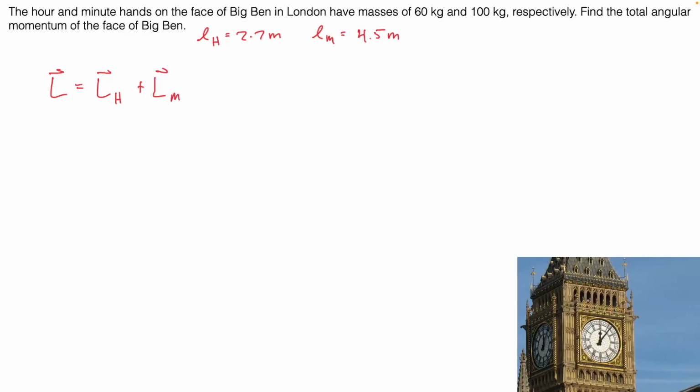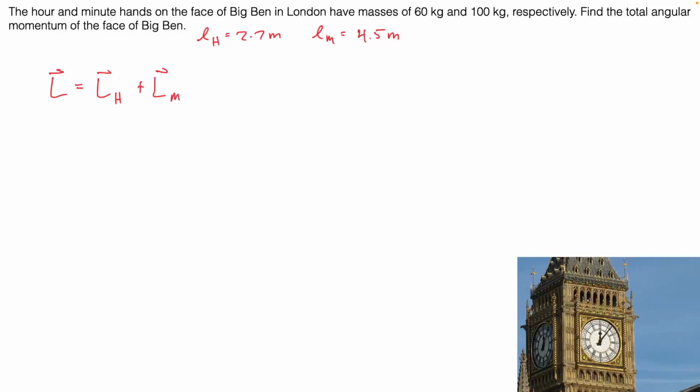Angular momentum is a vector, so we need to find the vector direction to know whether we're adding them together or subtracting them. So how do we find the angular momentum vector of the hour hand?